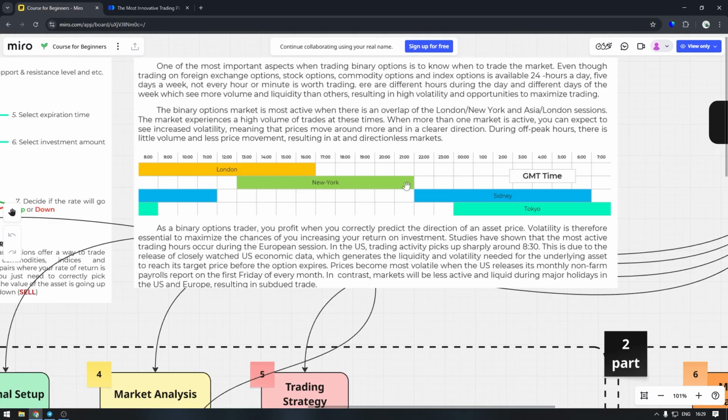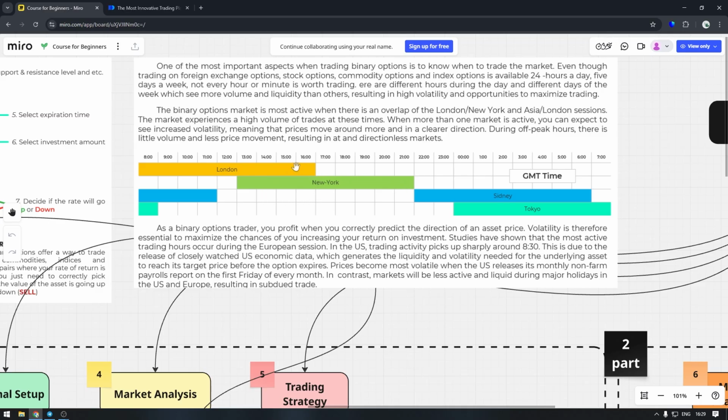Main assets: US dollar, Japanese yen, Australian dollar, Asian indices. Characteristics: often sideways movements, low volatility. The strategy I suggest is channel trading, bounces from levels.